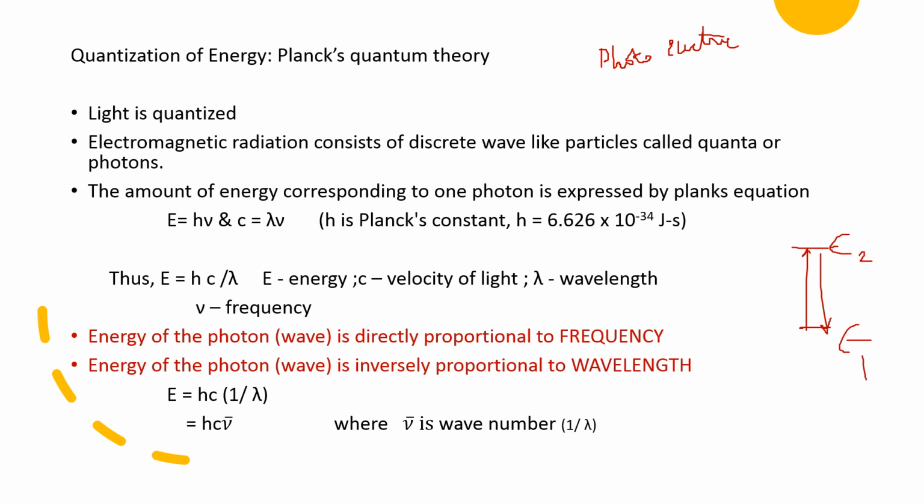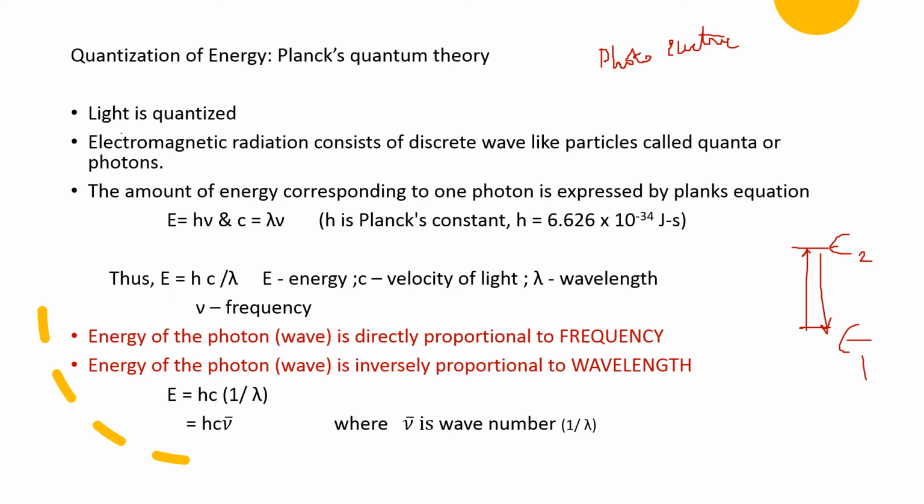So energy change can occur between two distinct energy levels, that is in between E1 and E2. So with this discovery, in order to explain the phenomenon of the photoelectric effect, an assumption is made that electromagnetic radiation consists of discrete packets of energy called photons or quanta. Thus, light is quantized after Planck's quantum theory, and it came to prove that electromagnetic radiation consists of discrete wave-like packets or particles called quanta or photons, and the amount of energy corresponding to one photon is expressed by Planck's equation.